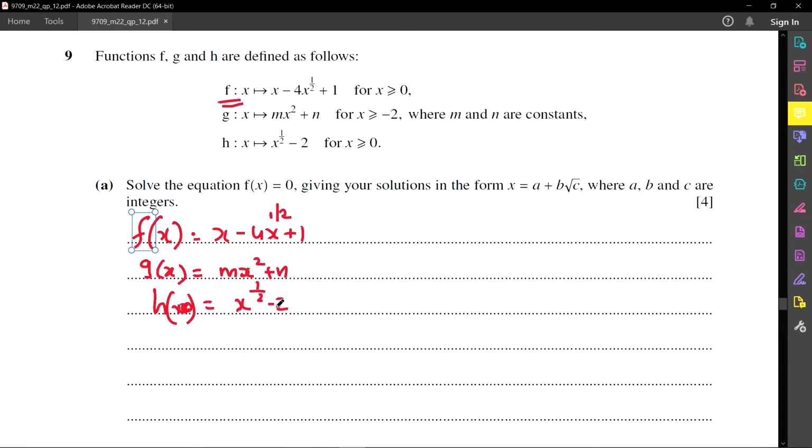What is the first part? Solve the equation f of x equal to 0. Okay, this is a very simple question.